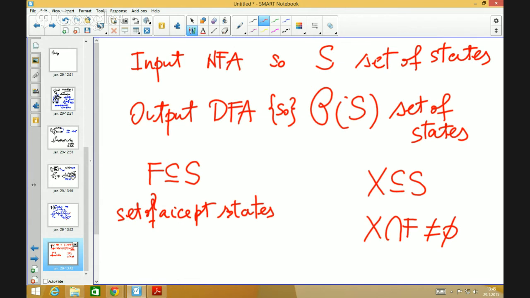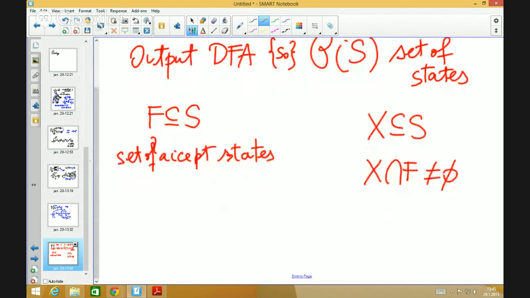Now, what about the transitions? So suppose that I have a set X of states of the NFA. And now I want to ask myself, okay, where do I go to? When is it that from X, by reading an A, I go to some other state Y?